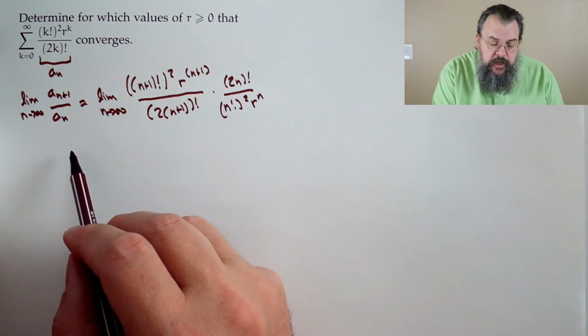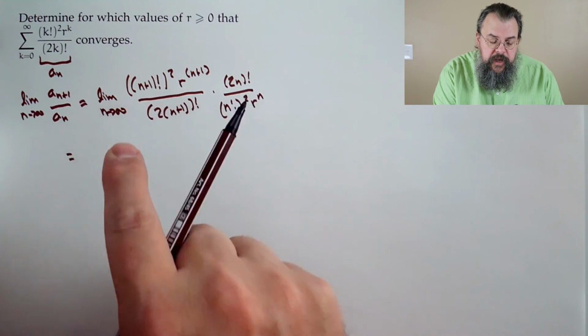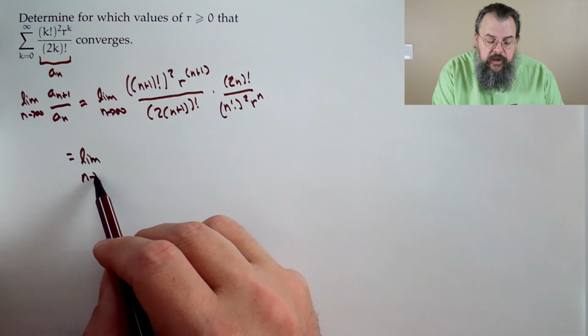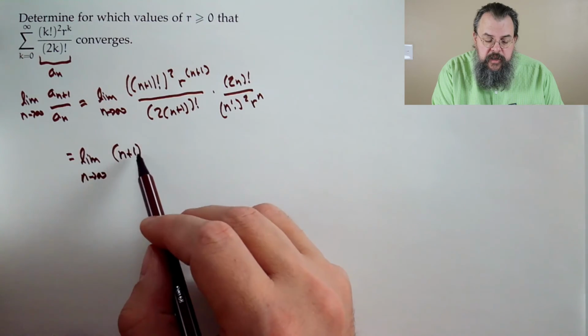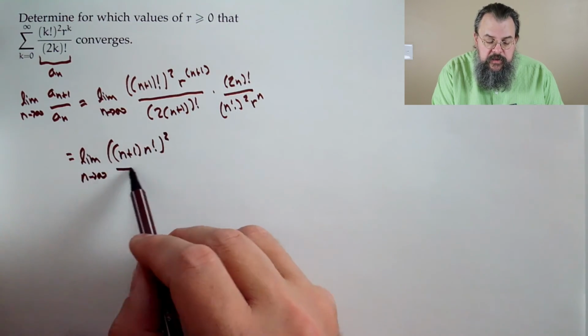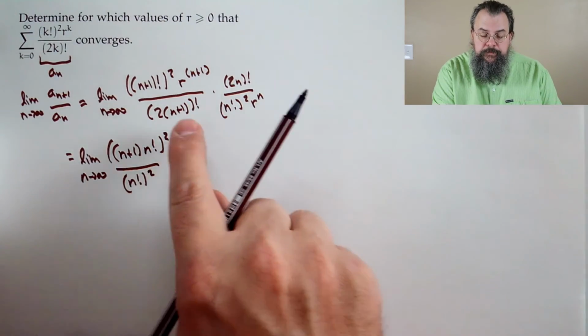Well, now we can do a couple things. Note this n plus 1 factorial squared, we can pull off a single n plus 1. So we can think of it as n plus 1 squared times n factorial squared. And then downstairs we have an n factorial squared. All right?